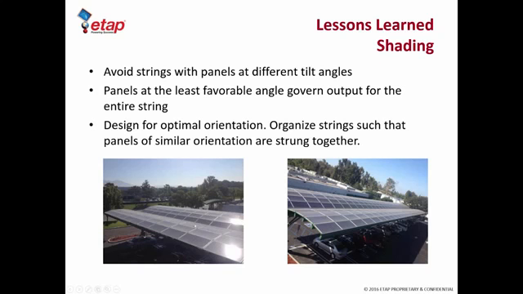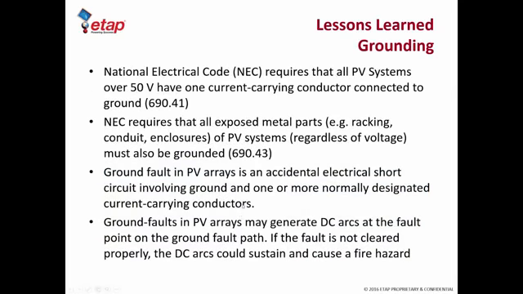Now, in our case, the strings are actually going across, and that was done purely for construction purposes. The tilts are more for aesthetic purposes. There was no other scientific reason for doing it in this manner. So this was a significant factor if the panels are not at the same tilt angle.